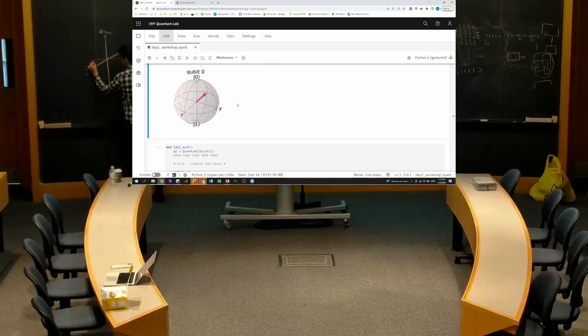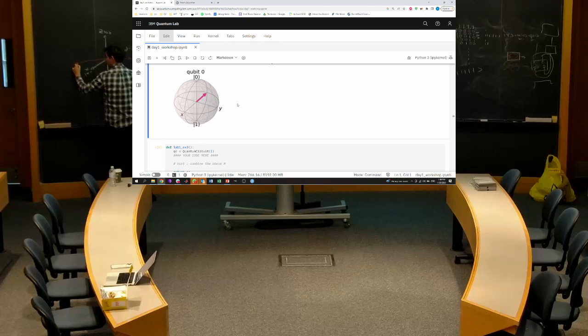Left and right, we have the y-axis, so this is, call it I, and minus I.